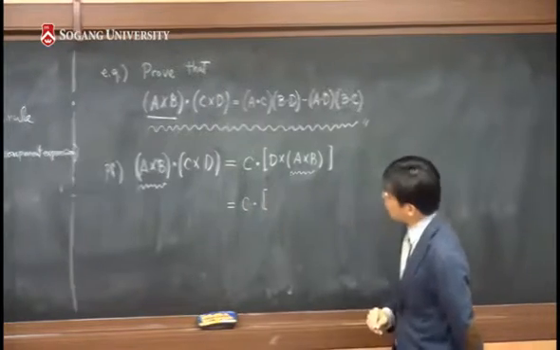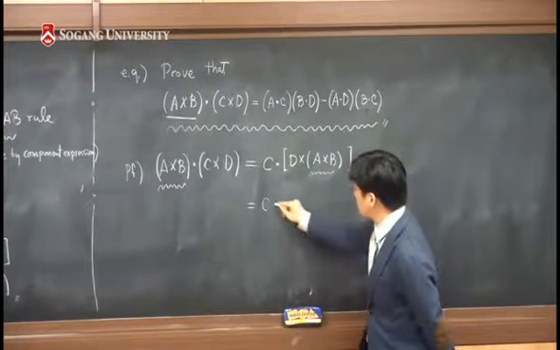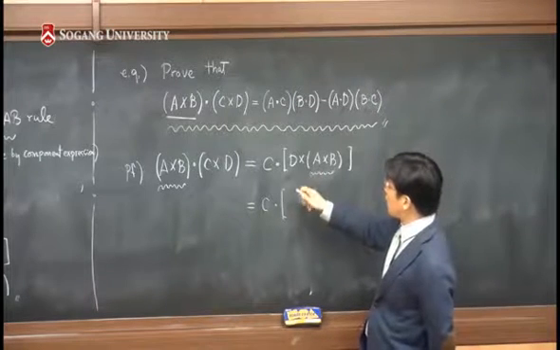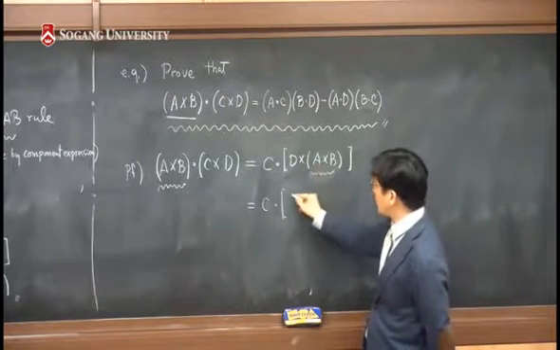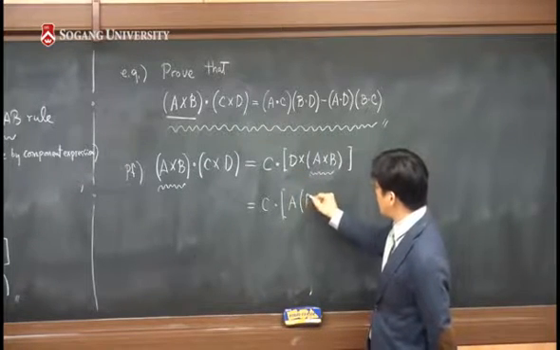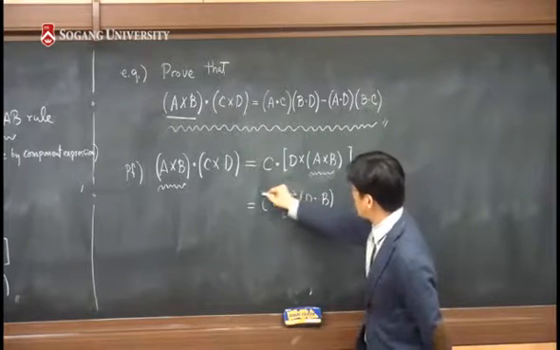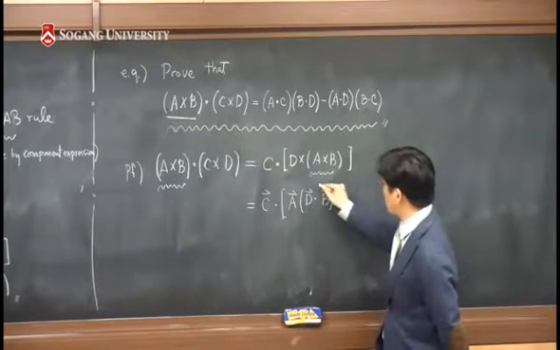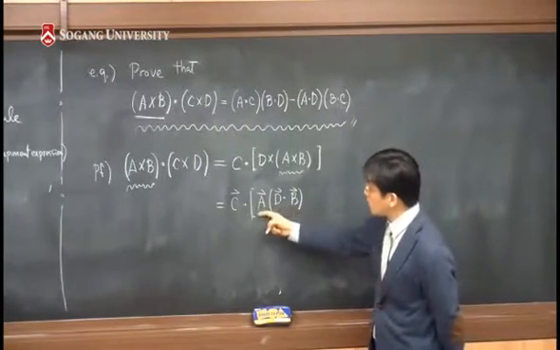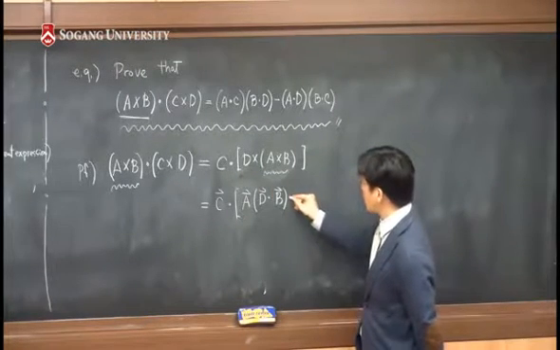And here, if you apply the BAC-CAB rule, C dot product, and for the BAC-CAB rule B will be the second vector. So in this case, it will be the first vector, and you do the D dot product of B. Here, I better denote the vector notation like this. But it is clear that this is a scalar which is multiplied to a vector A. Okay, and then the second part will be the minus.